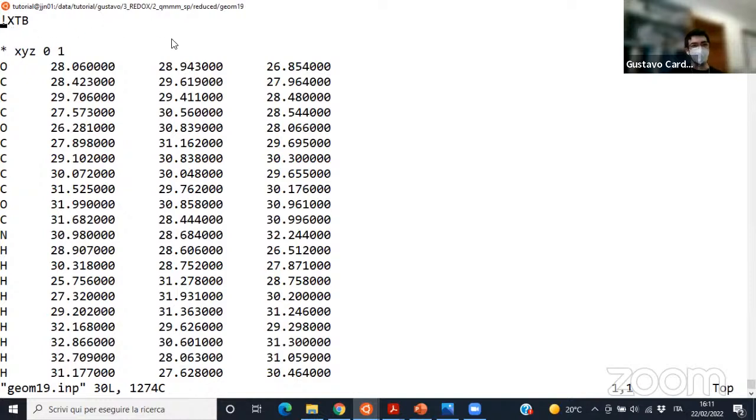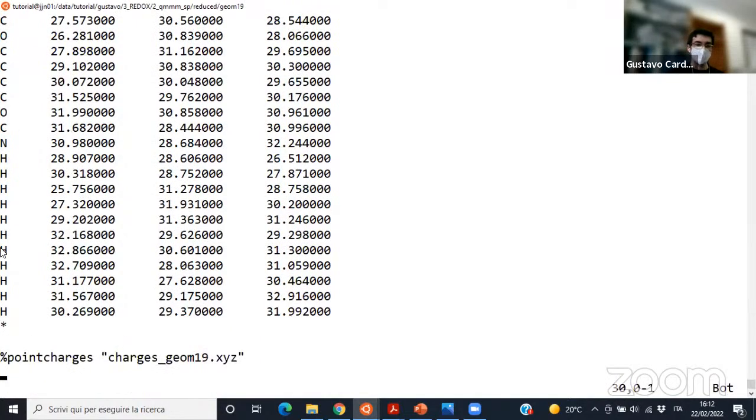Of course, there are far fewer options than with the Amber input, because I'm just using the defaults here. You can, of course, set them in the template file. If we go to the end, as you can see, there's also the option of point charges, and it will create a file called charges geom19.xyz.